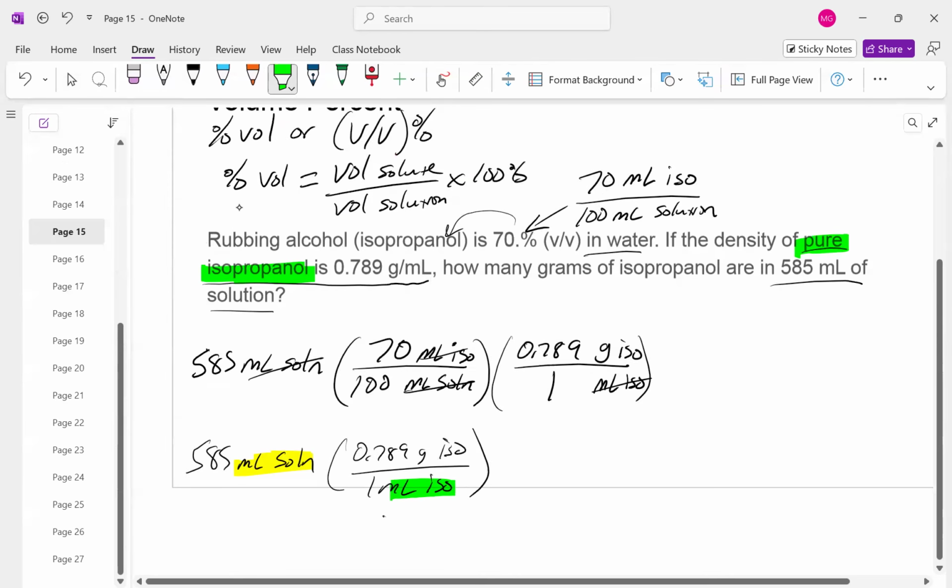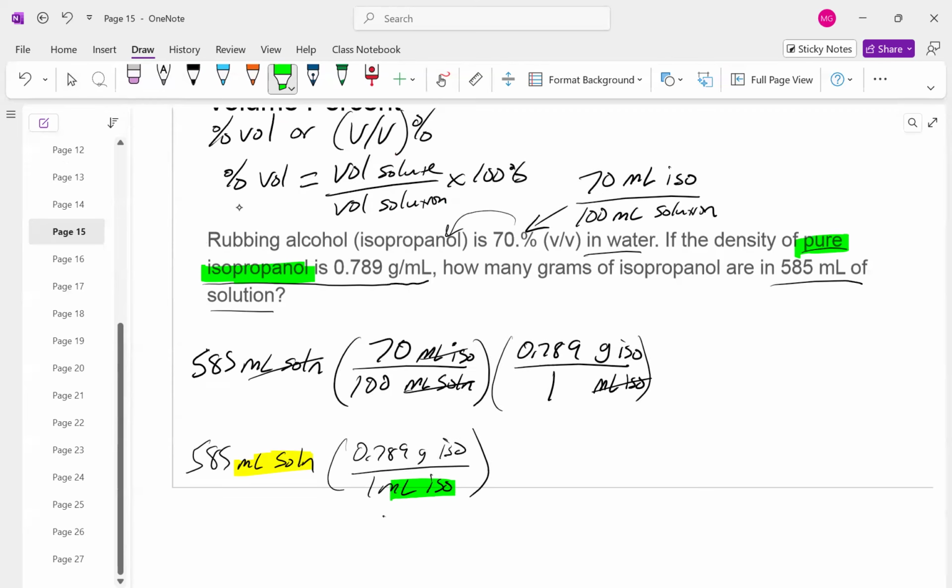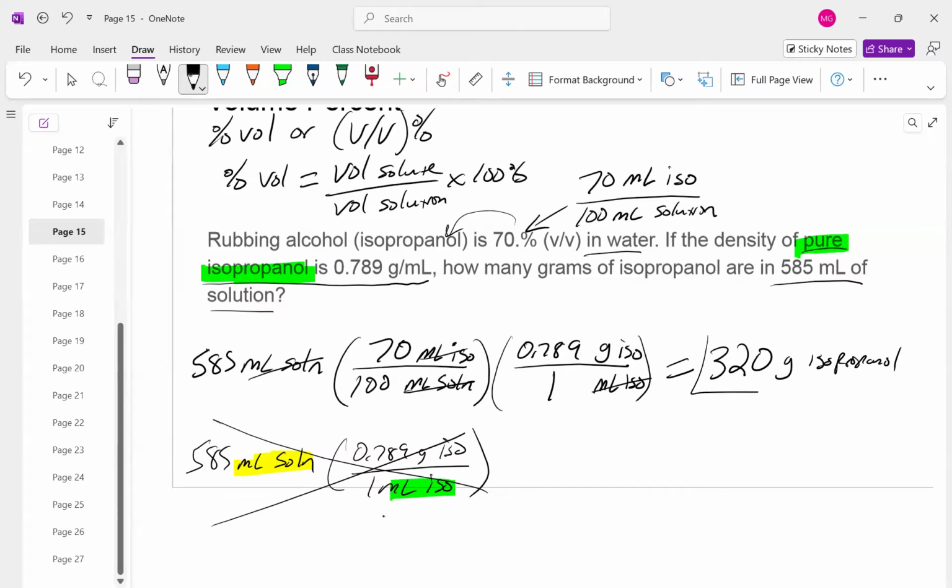The 585 milliliters refers to the whole solution, which is not pure isopropanol. So I can't do that method. And that comes out to 320 grams of isopropanol. Notice the sig figs here, I can only take two. The 70% only had two sig figs in it.